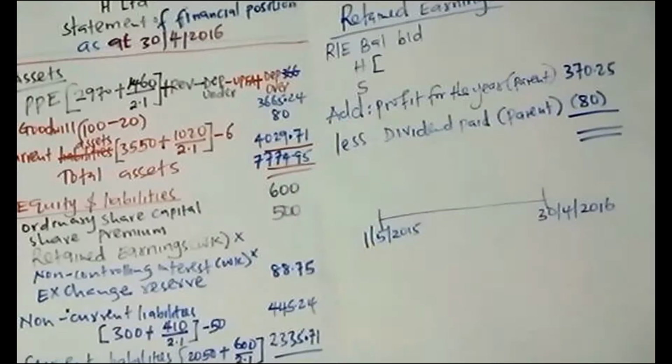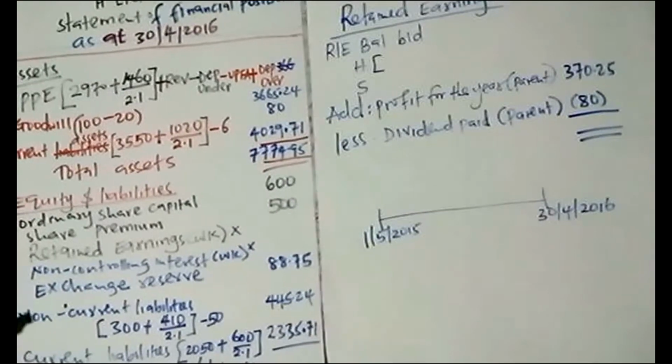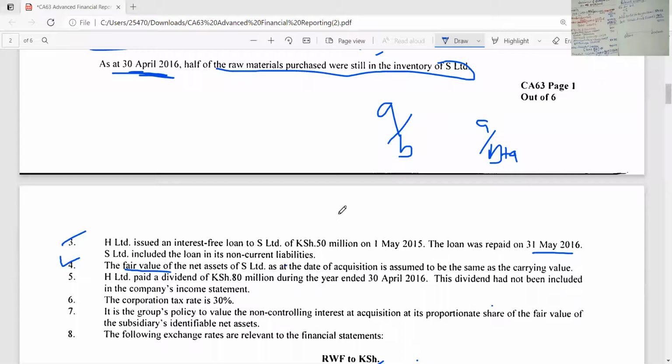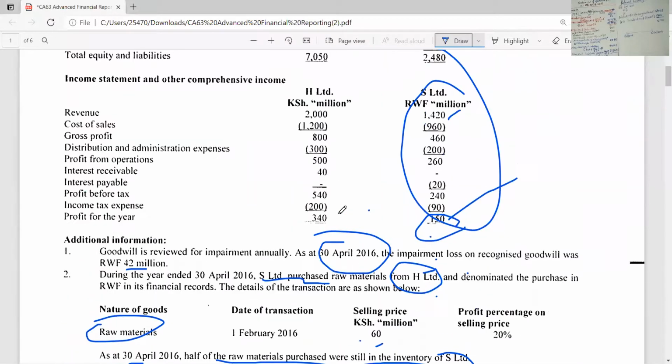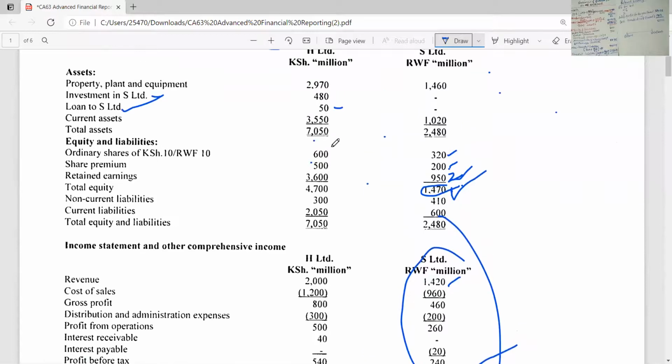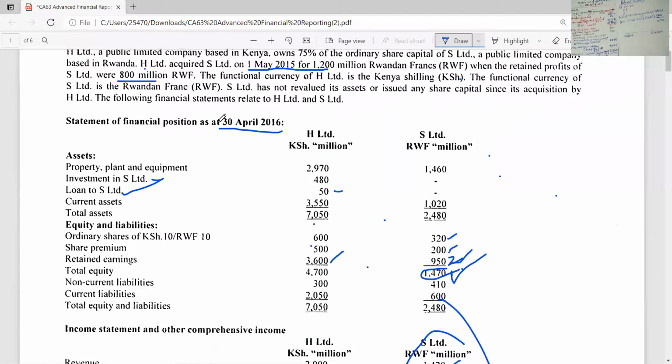So I need to get the balance brought down as at 1st May 2015, and the statement of financial position provided in this question was as at 30th April 2016, the end of the year. So this retained profit, the 36, is at the end of the year because this statement is as at 30th April. So I will write this one here.